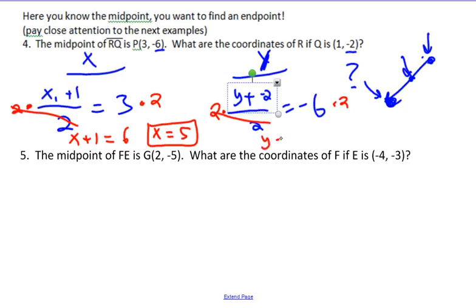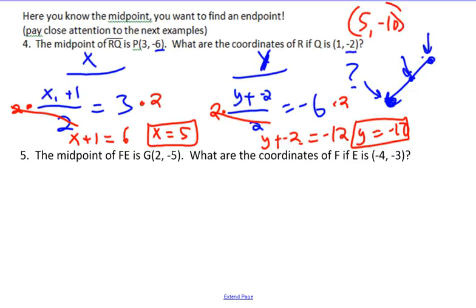You get y plus negative 2 equals negative 12. And then when you add 2 to both sides, because we want to undo this negative 2, you get y is equal to negative 10. So the original point that we were looking for was 5 and negative 10.